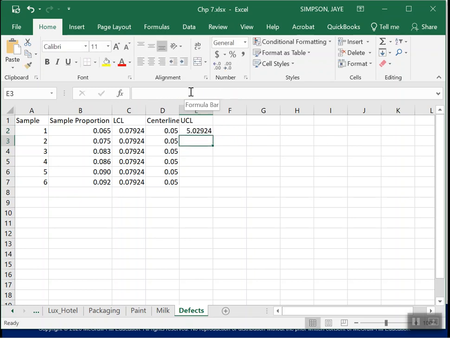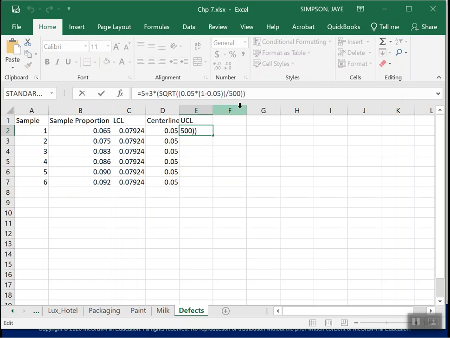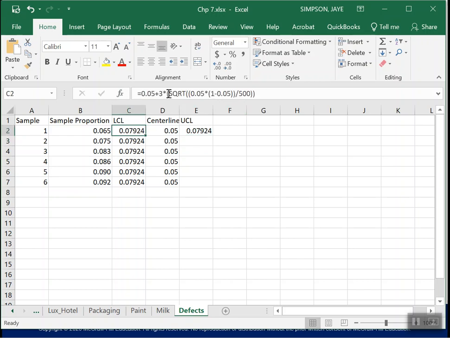Oh, and goodness, I must have entered something wrong there. Let's see. Oh, I see what I did. I put 5 instead of 0.05. Goodness, there we go. Now we get 0.079.